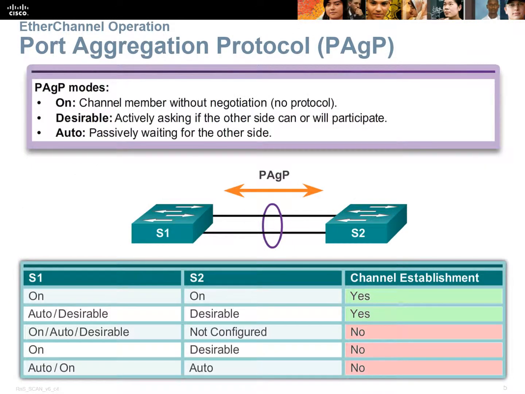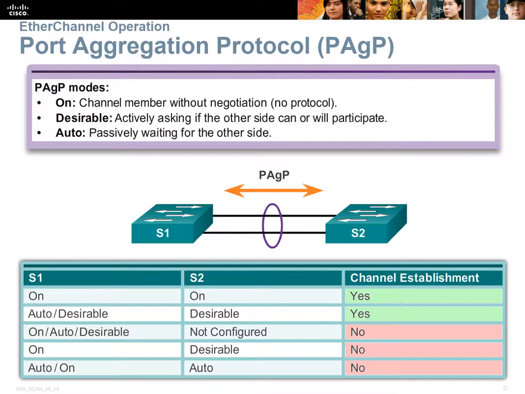Like all good standards, there are 2 of them. The first one is Port Aggregation Protocol, PAgP. This is Cisco proprietary, and it has a series of keywords to enable it. If you say channel mode on at both ends, it's hard on and there's no negotiation.